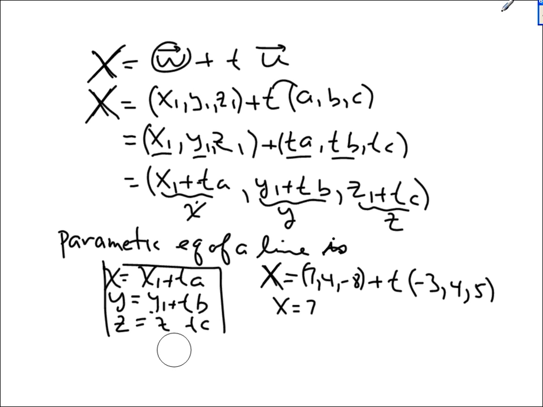You can first write x, and then y, and then z, and then you write those numbers. X is 7, y is 4, z is negative 8. And then you write negative 3, 4, 5. And those last ones get a t.